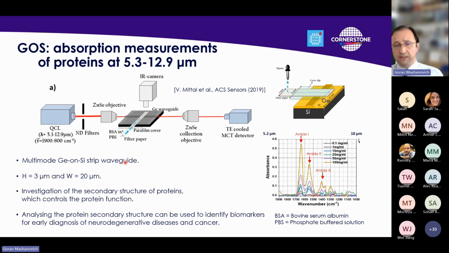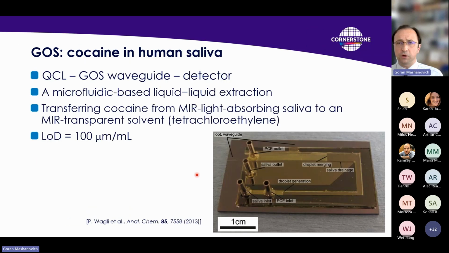We also investigated how this changes for monomer, oligomer type of proteins, and basically that can be used as kind of biomarkers for early diagnostics of neurodegenerative diseases or cancer. So it's a very important piece of work.